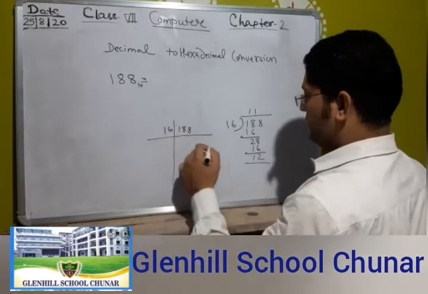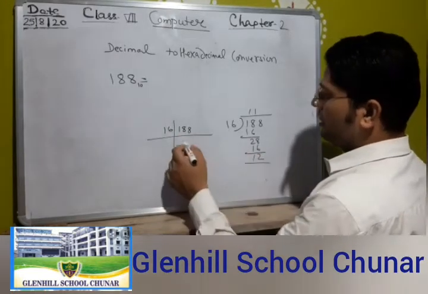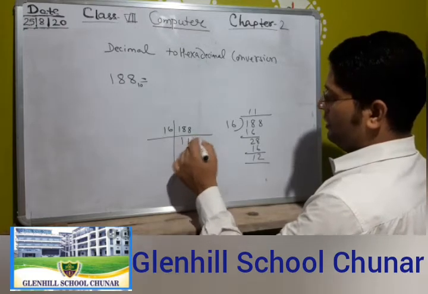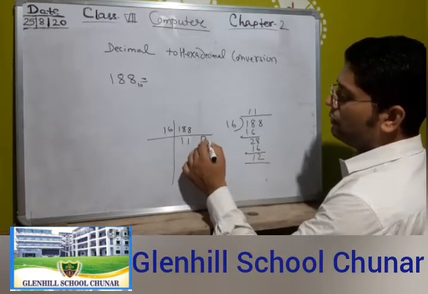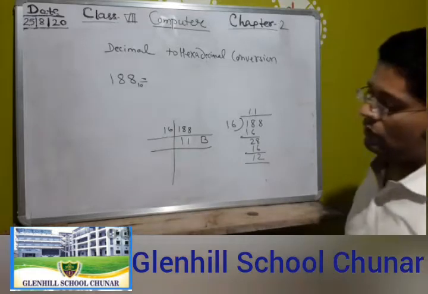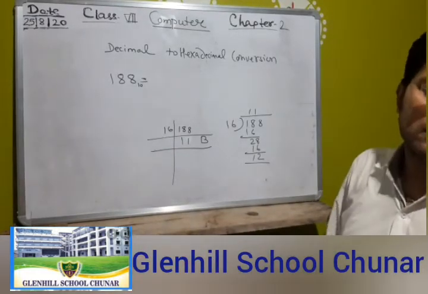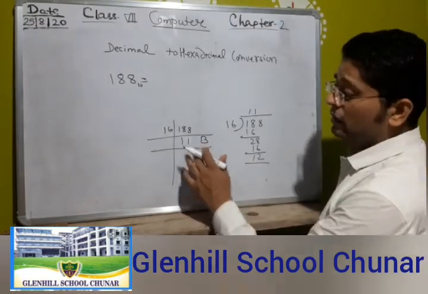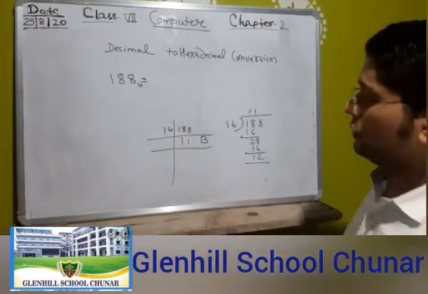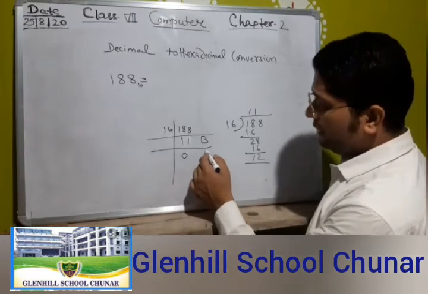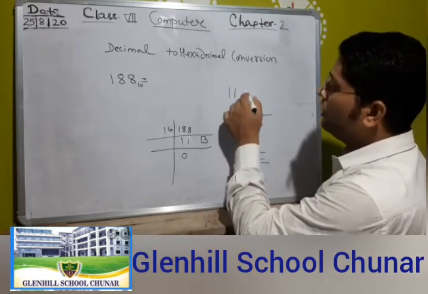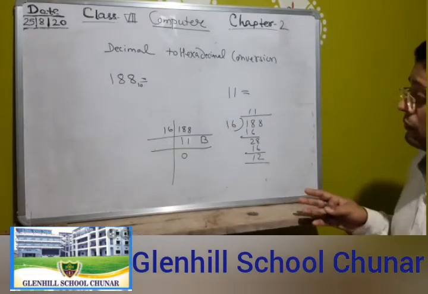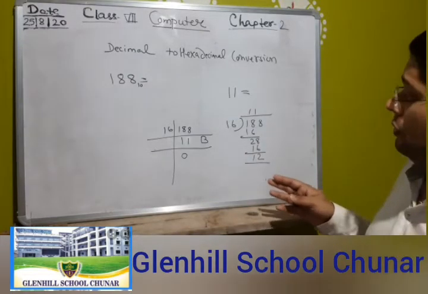Yes, so that's 188 divided by 16. Here is remainder, right here 11 and here 12, so write the C. Okay student, clear? And here is 11 not divided by 16, so write here 0 and here 11. But what's the value of 11?